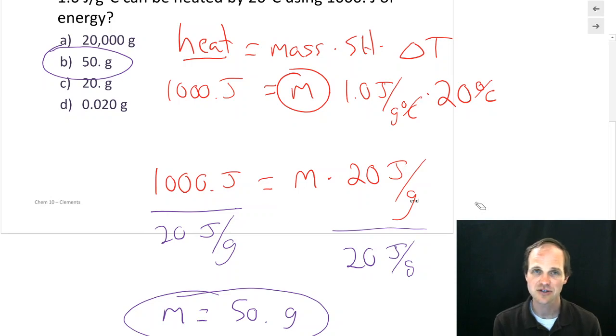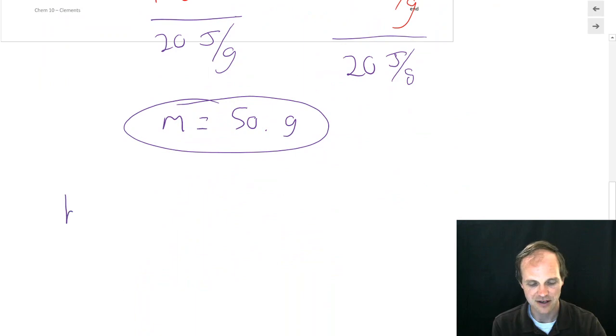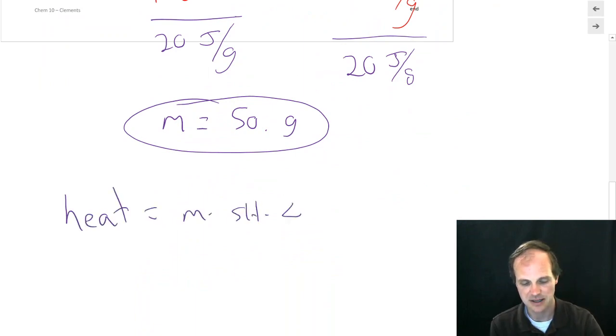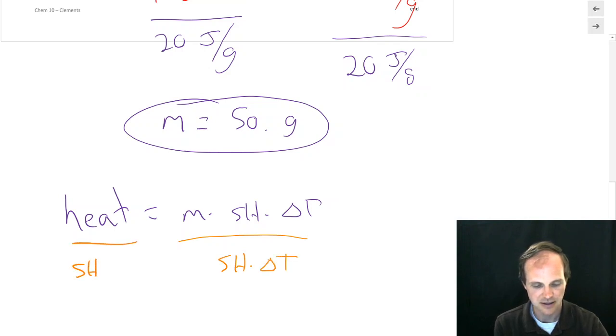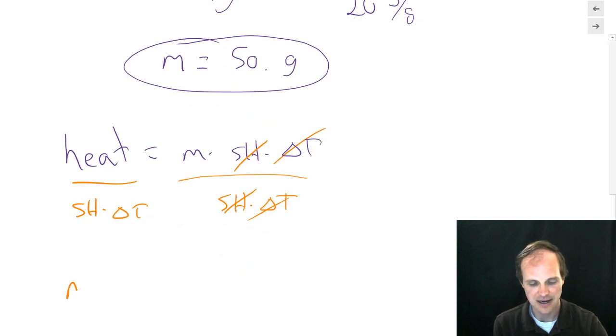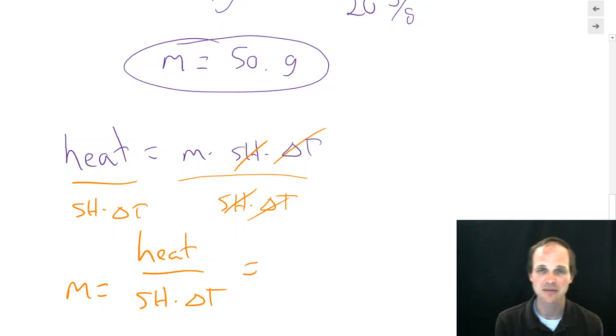What I generally do instead is I solve the heat equation for my variable first. So I start with heat is mass times specific heat times delta T. I solve this one for mass by dividing both sides by specific heat and delta T. Cancels here, and I get mass is heat over specific heat times delta T. And then I plug in my numbers, and then I don't have to do as many units running around.